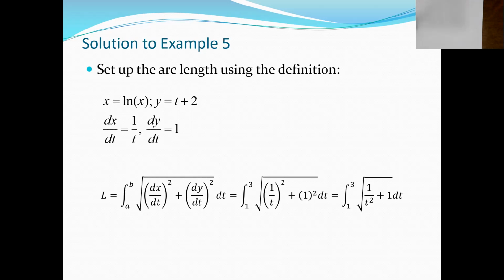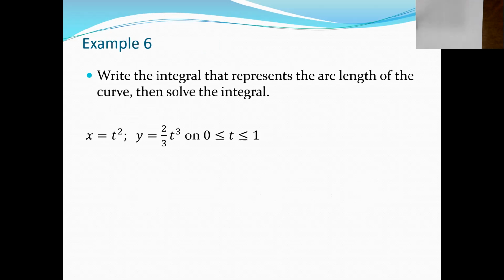All right, going to number 6. And again, we've got a situation with two parametric equations, and we are defined on a domain from 0 to 1.